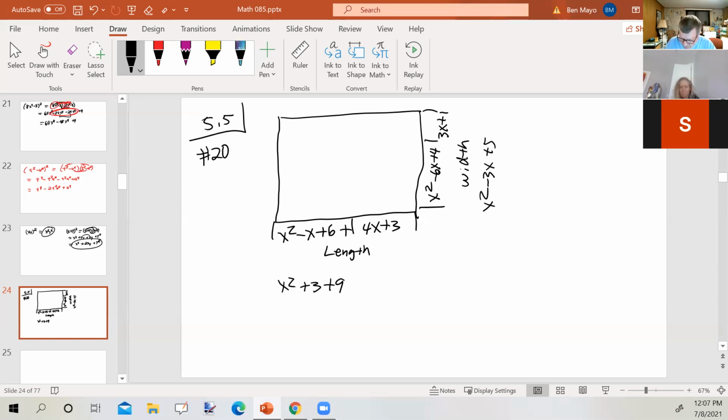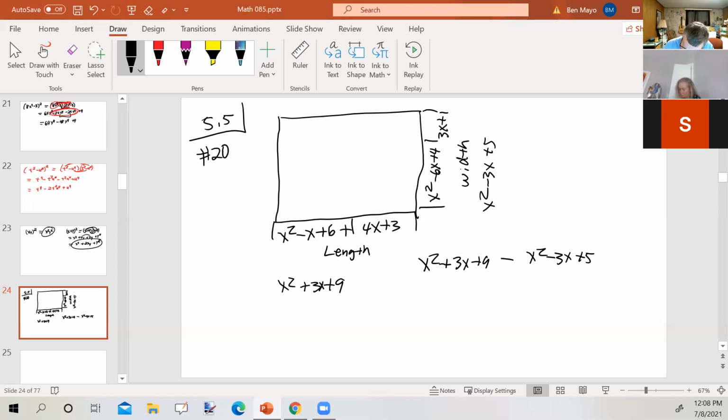All right. So now it says, what is the difference in the length and width? So we're going to take the length, oops, this is 3x. The length, x squared plus 3x plus 9 minus the width. Okay, what have I done wrong there? No?